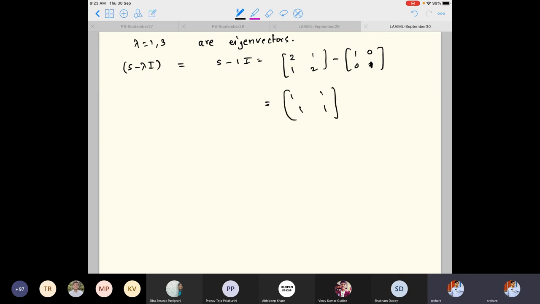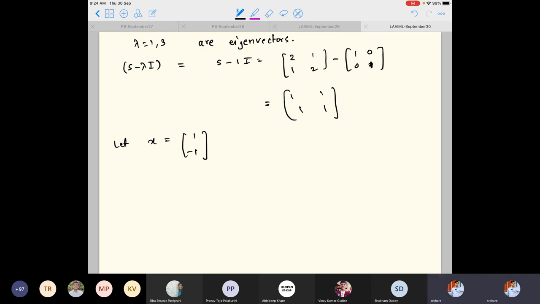Correct. So this is the matrix that you get, and then you have to look at the null space. You have to find a vector x that is in the null space of this matrix. So let x correspond to lambda equal to 1. I think I can take (1, -1) as the vector.